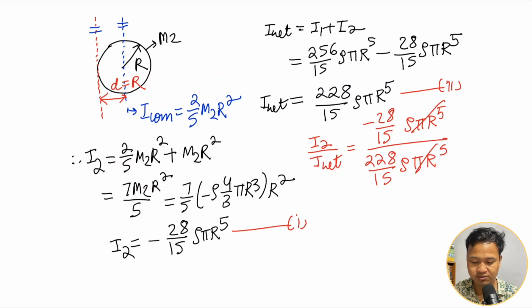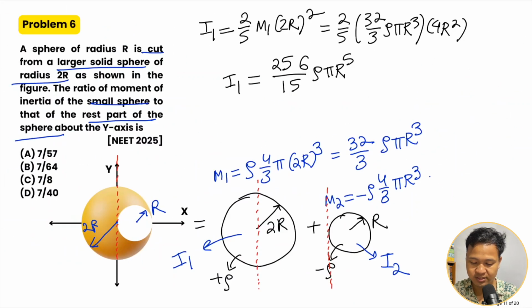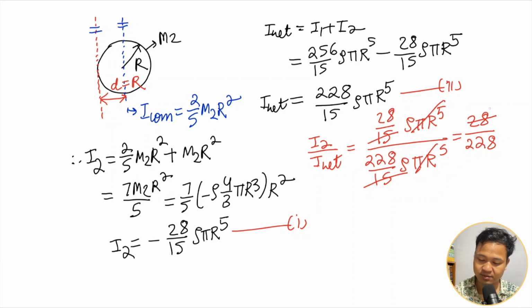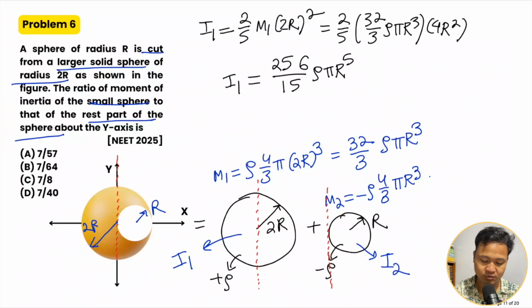The 15 cancels out, and the negative sign in the ratio we just remove, taking the magnitude. So 28 divided by 228, cancelling 4: 4 times 7 is 28, 4 times 57 is 228. Finally you have 7 divided by 57. Okay, so it's option number 1.